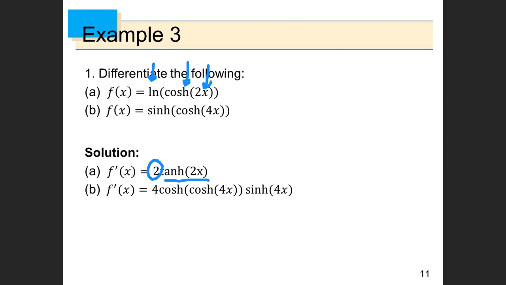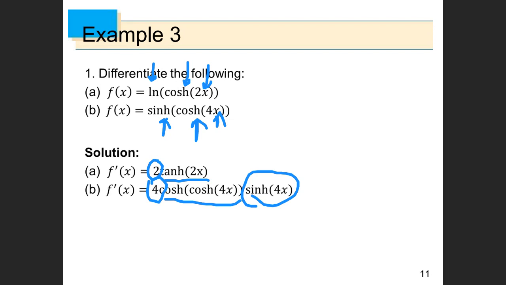The same rule applies for B. You start by differentiating hyperbolic sine. You see here we have hyperbolic cos of 4x. You move one step in, you differentiate hyperbolic cos now, and you see we have hyperbolic sine, this one here. And then move one step in again, you differentiate the 4x, and you see we have 4 outside.